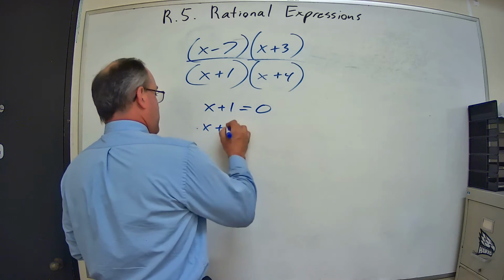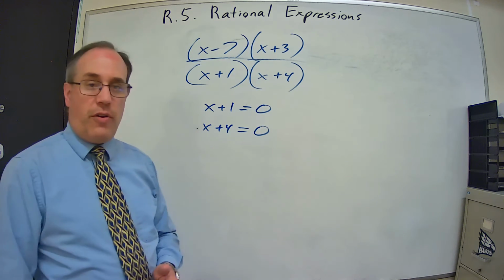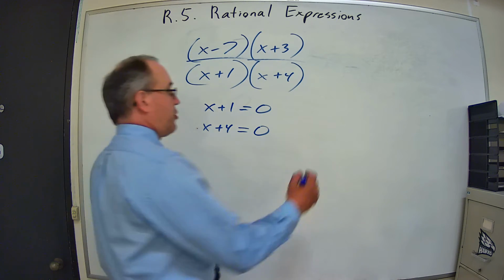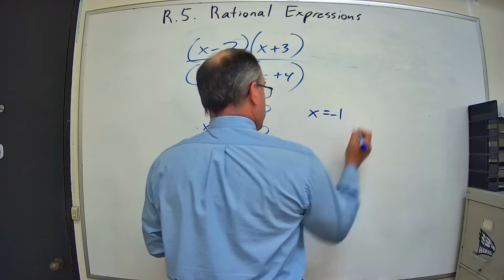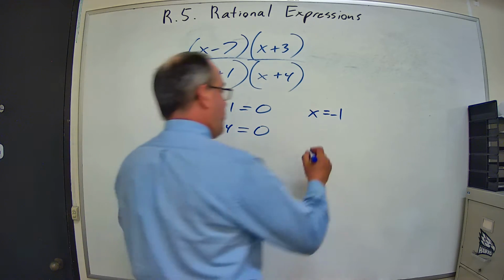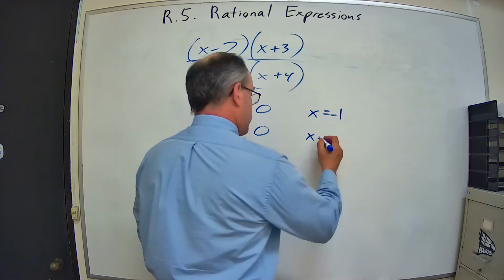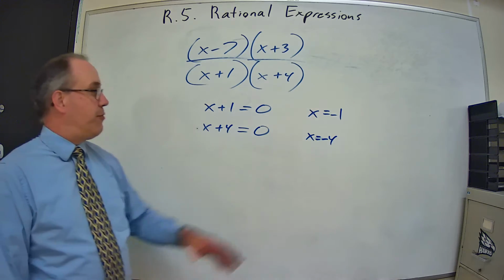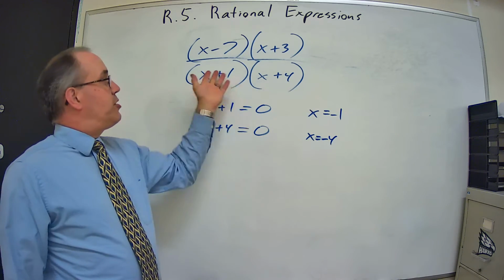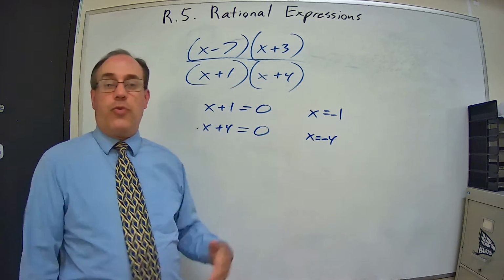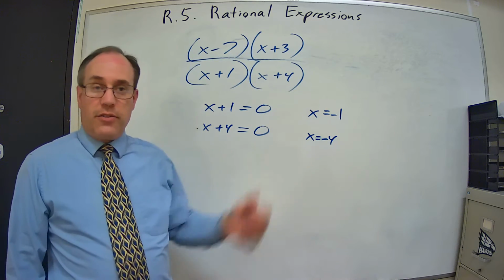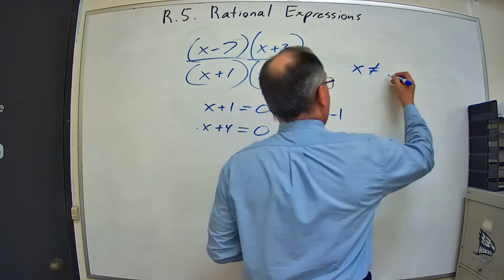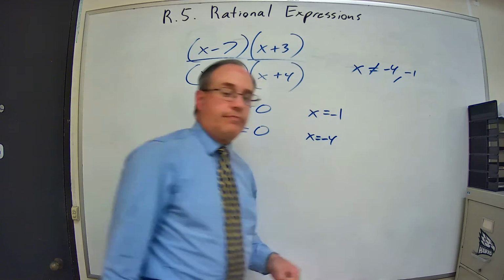Or if x plus 4 is equal to 0, then the denominator is going to be 0. So therefore, if x is equal to negative 1, or if x is equal to negative 4, either of those cases will turn that denominator into 0, which will make this undefined. So all we have to say is the domain is all real numbers such that x is not equal to negative 4 or negative 1.